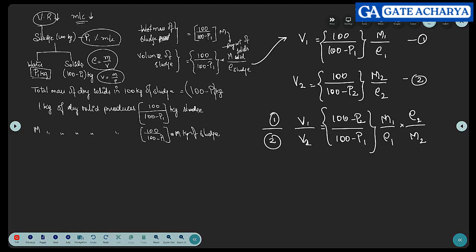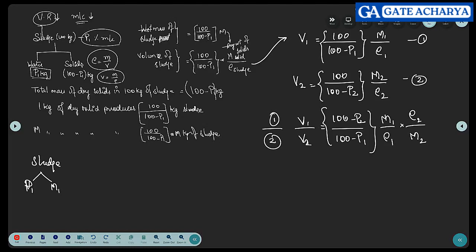So listen. I have a sludge which has certain P1 and M1.